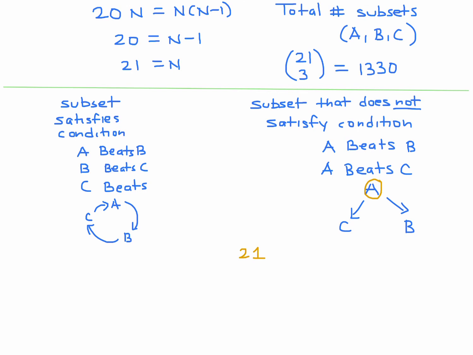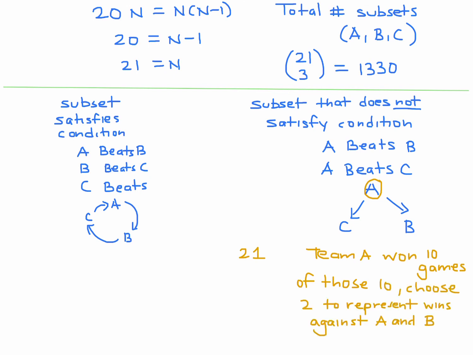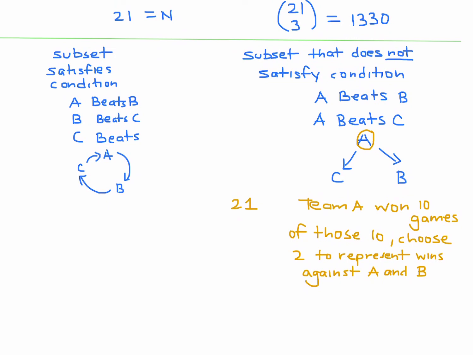And then let's just say I choose a team, call it Team A. That team, if you remember, each team wins 10 games. So it won 10 games. And of those 10, choose 2 to represent its win against C and its win against B. So from those 10, choose 2, and when you do the calculation, that is 45.